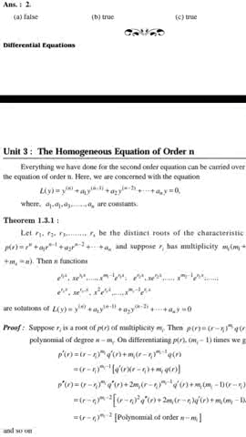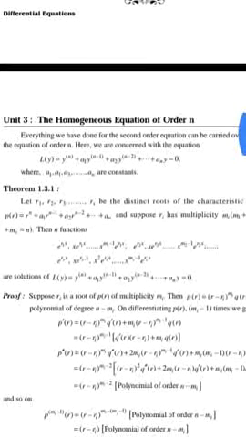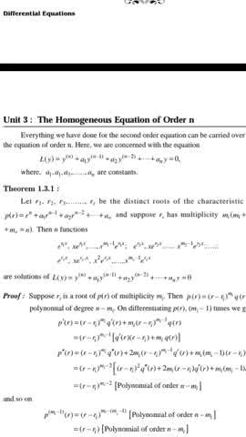We can consider the equation L of y is equal to y raised to n plus a1 y raised to n minus 1 plus a2 y raised to n minus 2 plus dot dot plus an y is equal to 0, where a1, a2, a3, dot dot, an are constants.